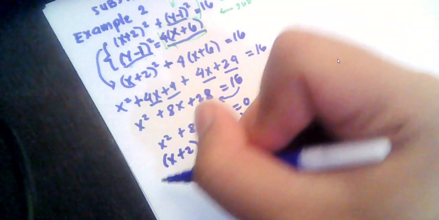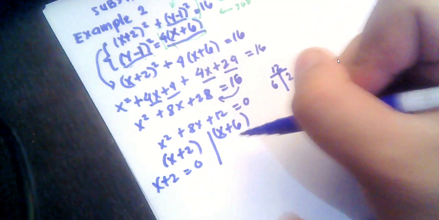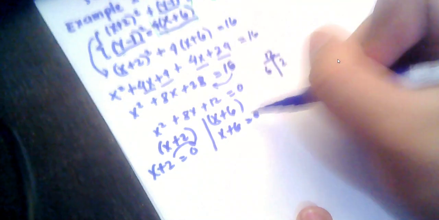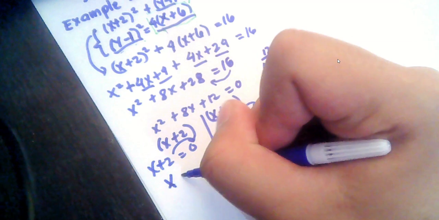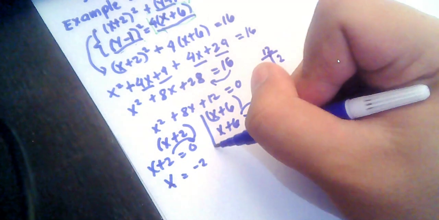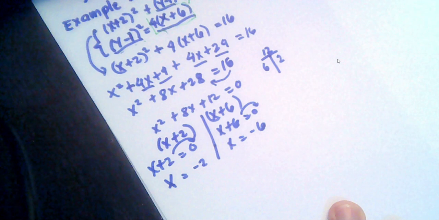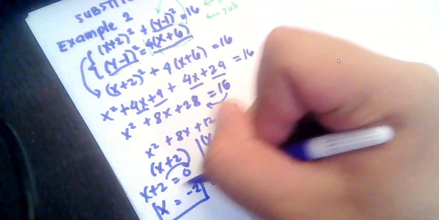And we know that we need to find the x, so we have to set each equal to 0. x plus 2 equals 0, x plus 6 is equal to 0. We transpose it directly. That becomes x equals negative 2 and x is equal to negative 6. So we have the values of x's.